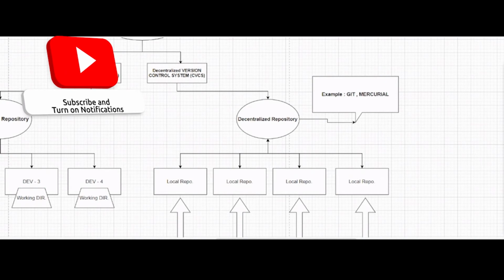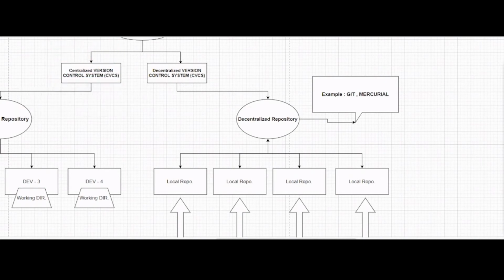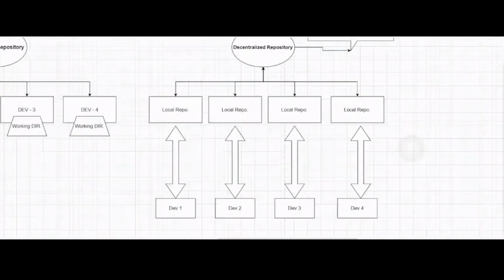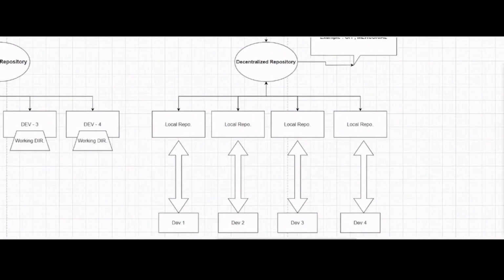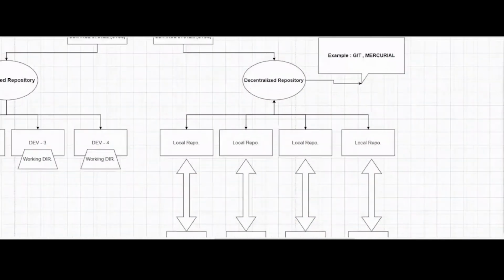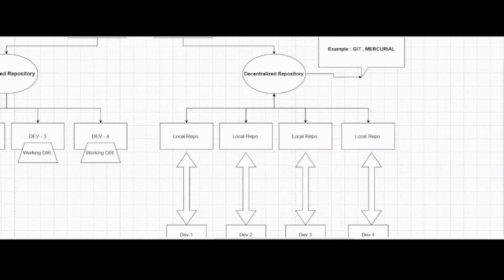Basically, in a decentralized version control system there is no central part. We have expanded and modified the centralized version control system into the decentralized version control system, and we have got this as our flowchart.